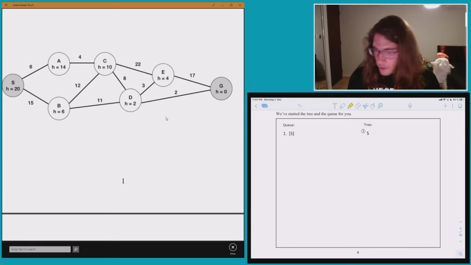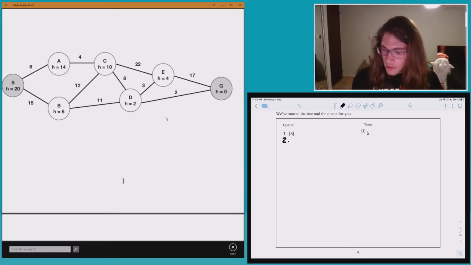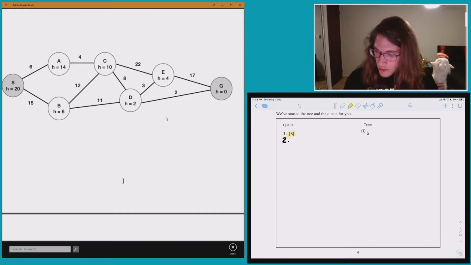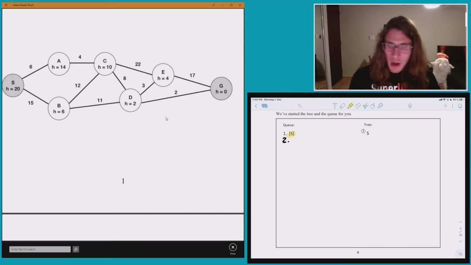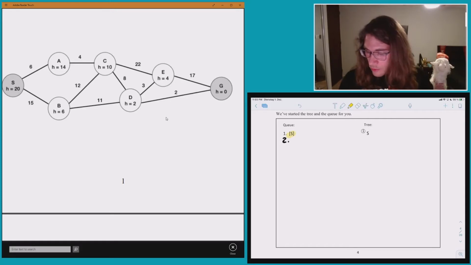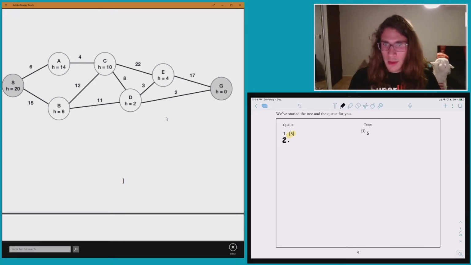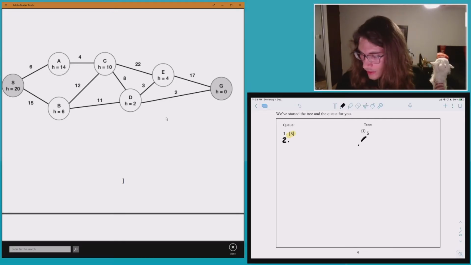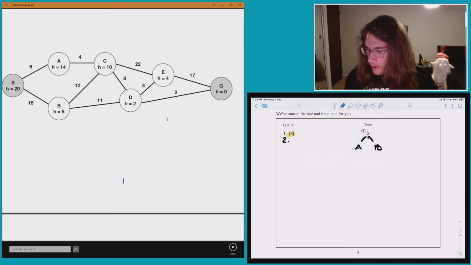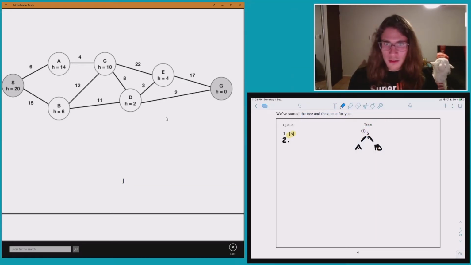So we expand first. The way I'll do it is I try to be as methodical as possible in these. I'm going to highlight S, meaning I've popped S off the queue. Then I would write number 1 right next to S because I'm extending S. And I have now expanded to A and to B. And typically I write in a separate color the path length so far.